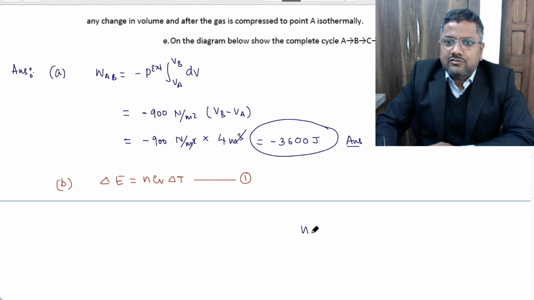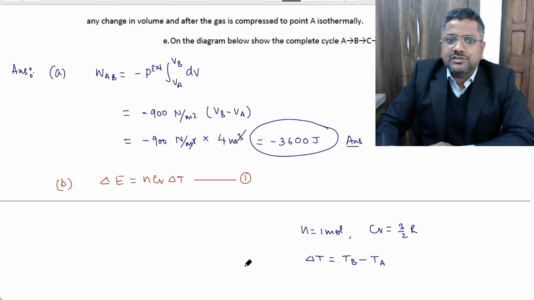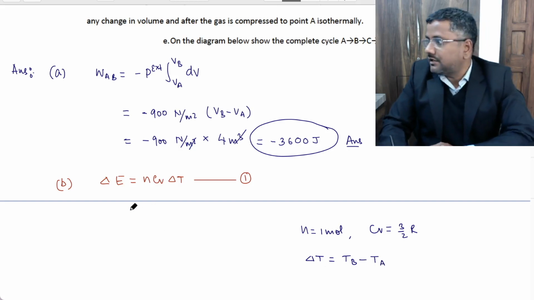Cv is equal to 3/2 R, and delta T is equal to TB minus TA, right?